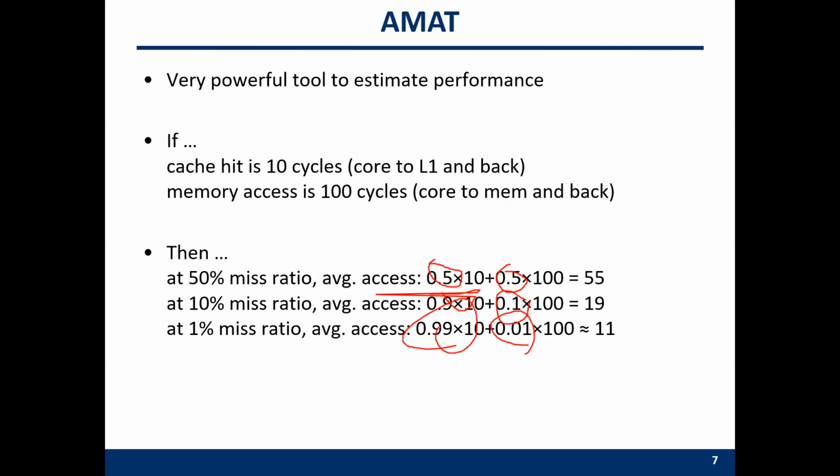With a larger hit rate and a smaller miss rate, we can significantly reduce the average memory access latency, which means that the memory is faster. So it's critical to improve the hit rate in the cache.